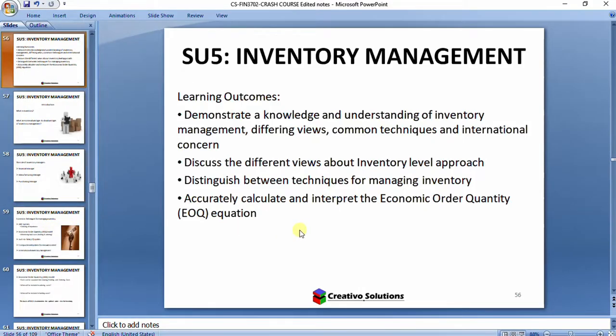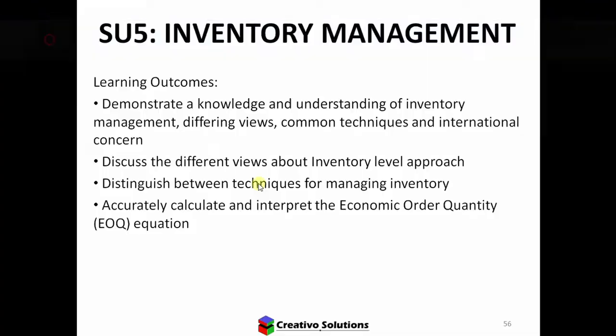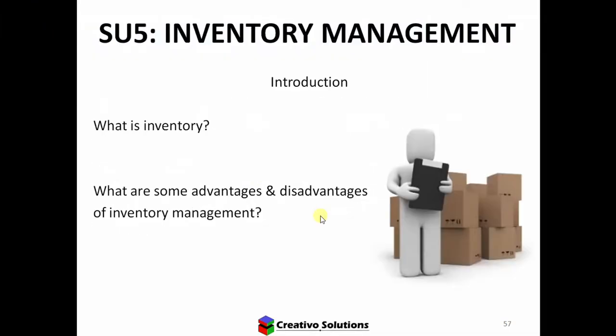Okay, that's fine. I know sometimes they bring in EOQ in other modules as well. Was it FIN2601? Not sure either. But EOQ is an equation. Let's have a look at the theory first, and then we can jump into the calculation.